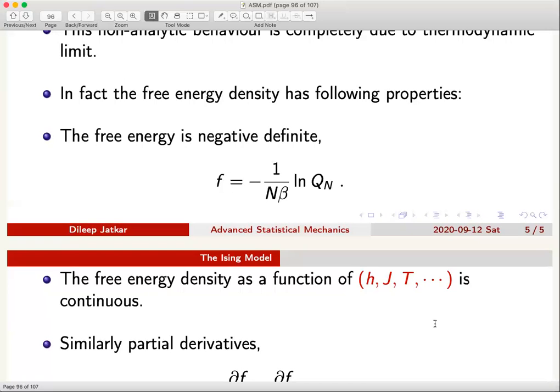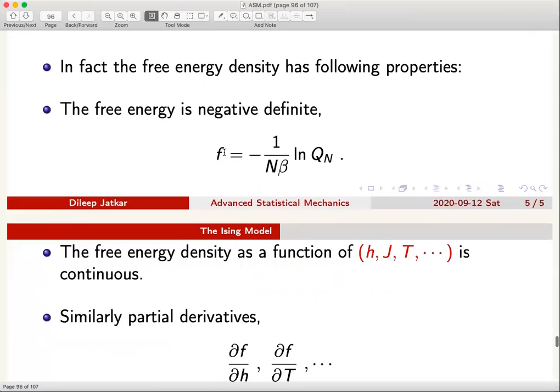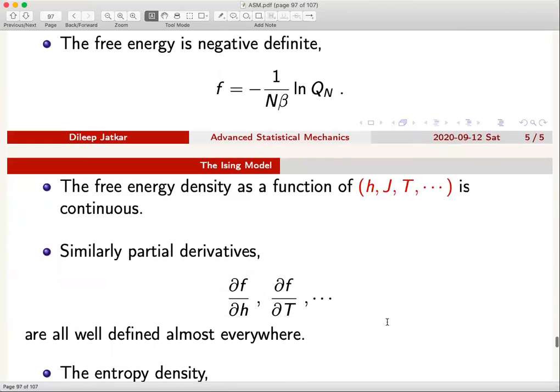So in that sense, it's a well-behaved function. And if you look at the partial derivatives of f with respect to any of these quantities, then those partial derivatives are also well-defined almost everywhere. So it's not just that the function is continuous, but it is differentiable almost everywhere.